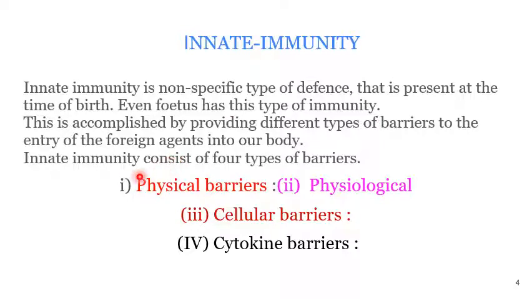And there are at least 4 types of barriers in the innate immunity system: the physical barrier, the physiological barrier, the cellular barrier, and the cytokine barrier. Now these we can explain in the next PPT.